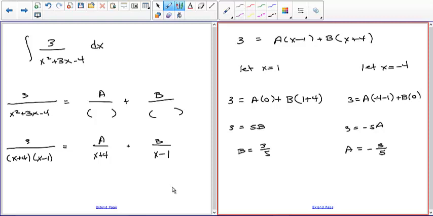So you end up with A is -3/5, B is +3/5. Now the question is, do you always end up with these being the same thing but with opposite signs? And the answer is, I think if you only have a constant in the numerator, yeah, I think you do.